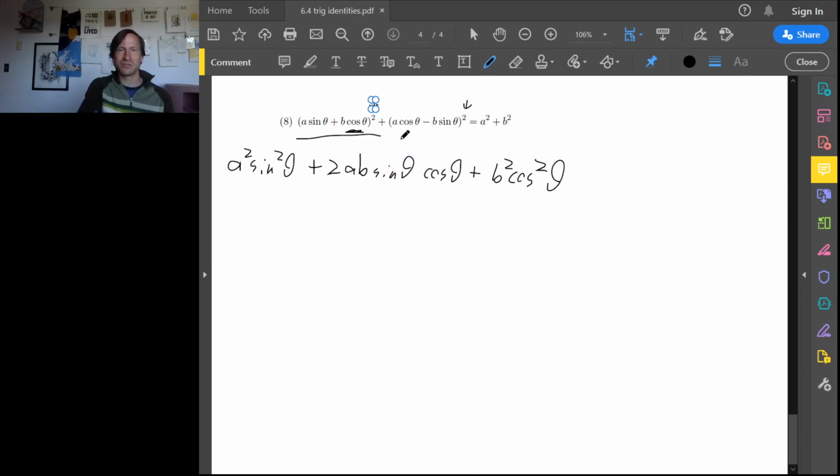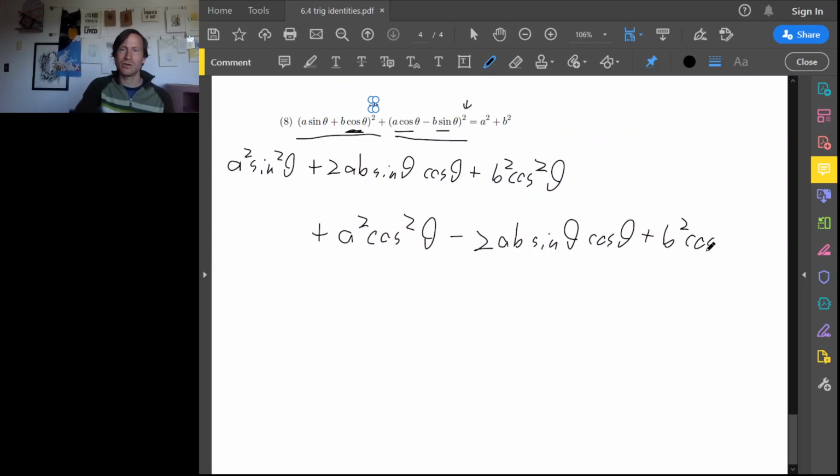All right, now we can square the second piece. So first piece squared, a squared cosine squared theta, minus twice the product, so 2ab sine theta cosine theta, plus the second piece squared, so b squared cosine squared theta.